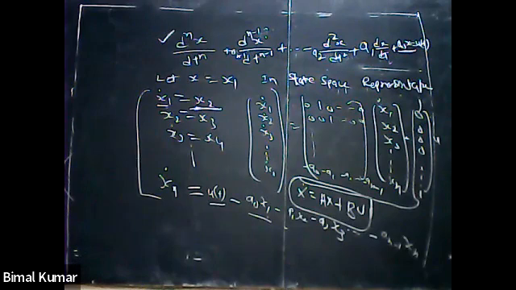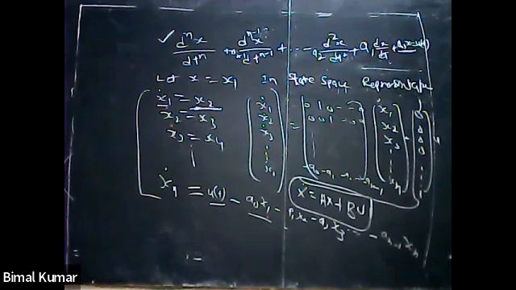So if we have any electrical network, then in that particular case, the number of differential equations is equal to the number of capacitors and the number of inductors present in the network.